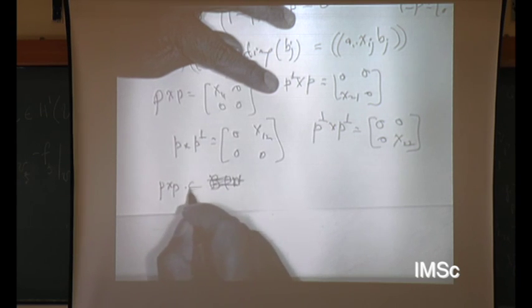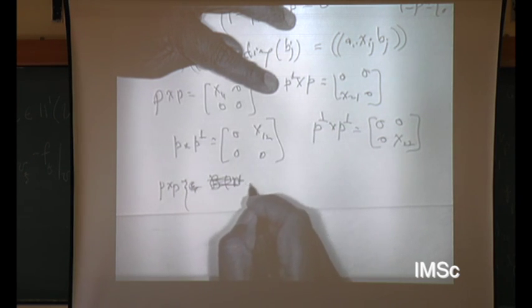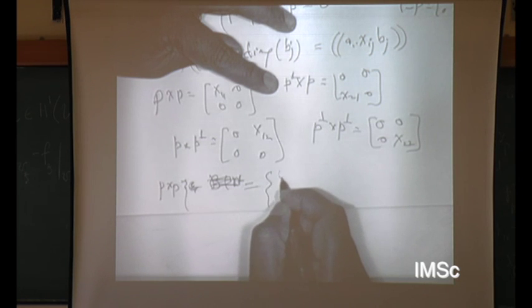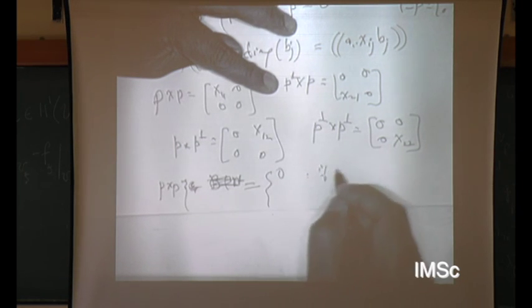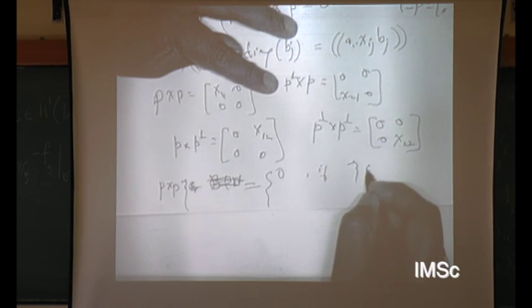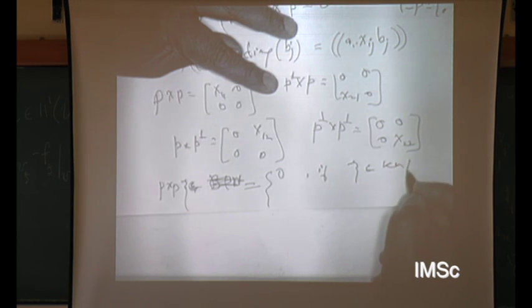See, PXP in general is the operator on the big space. If xi is in the kernel of P, the range of P perp, you get 0.